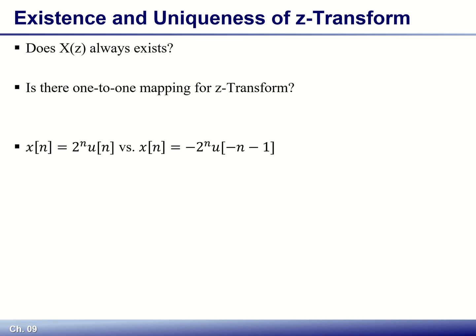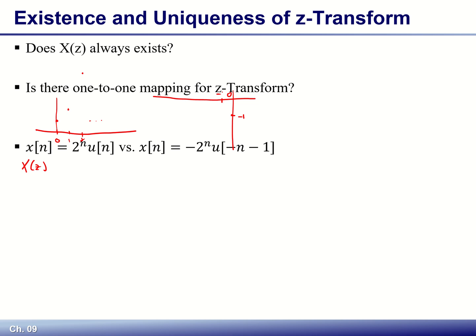Let me show an example here. The first signal is x[n] equals 2 to the n u[n]. At n equals 0 it will be 1, at 1 it will be 2, at 2 it will be 4, something like this. Here the second signal is minus 2 to the n u[minus n minus 1].